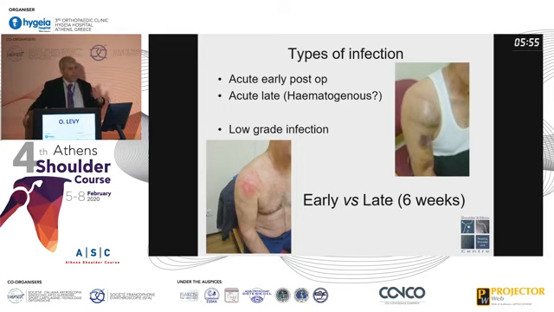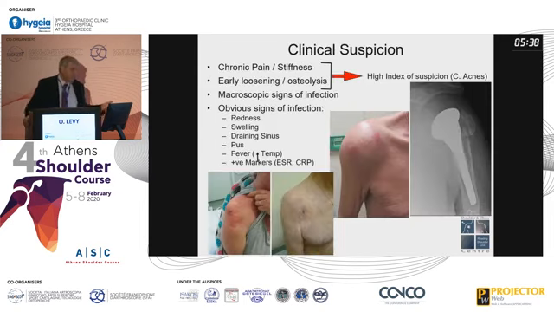And there are a couple of types of infection. So you have the acute early post-op, and there's acute late, the hematogenous infection, and there's the low-grade infection. And I think the acute early versus late is about 6 weeks. Actually, clinical suspicion: you have to suspect infection in all these cases of painful shoulder replacement, stiff shoulder replacement, or if you have signs of infection.